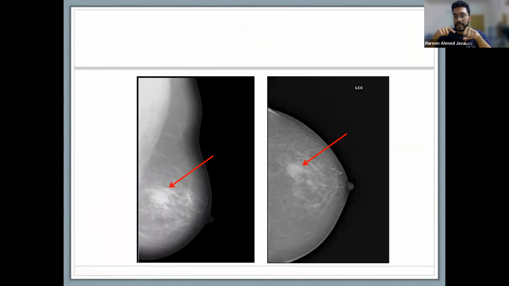So basically they would take a needle, they would go all the way to the lesion, and they would extract a few cells, and then they would look at it under the microscope, and then they would grade the cancer to know if it's actually cancerous or not, and to know how bad the cancer is, so grade 1, 2, 3, 4. So grading is done under pathology, and staging is done with the radiological images, okay?